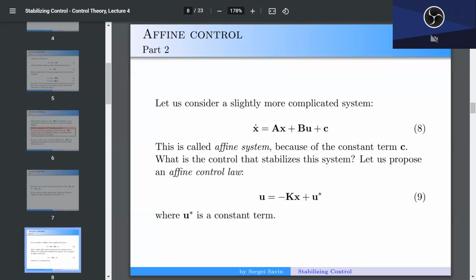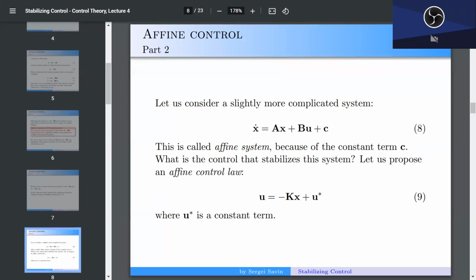Well, you will see soon that u star is also part of the node. If you think about the system x dot equals Ax plus Bu, x star and u star provide an x dot equals 0 solution. You'll soon see that. Or at least it goes in this direction generally. But don't use it as a rule. Use it as a, what do you call it, heuristic.